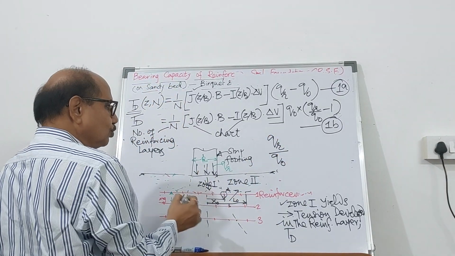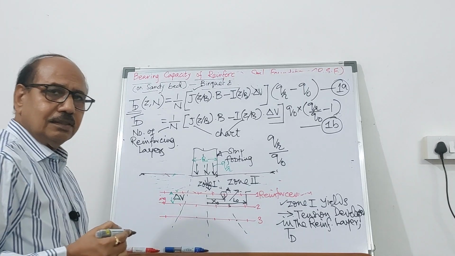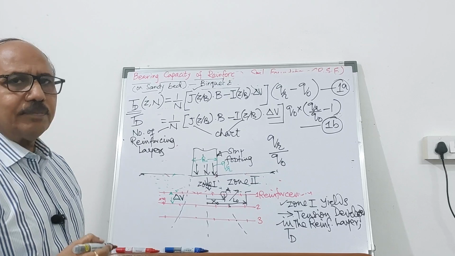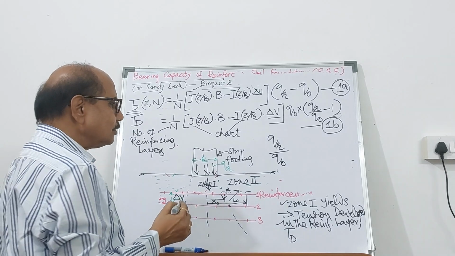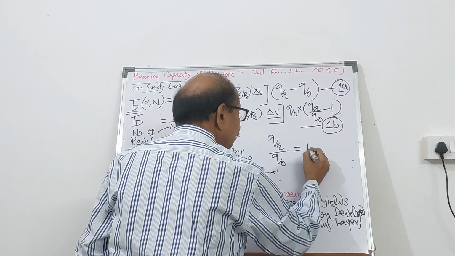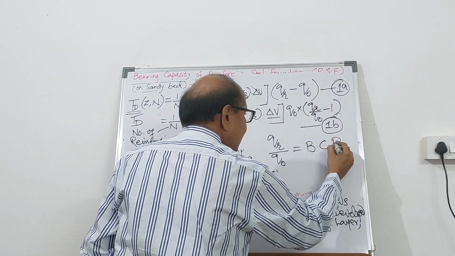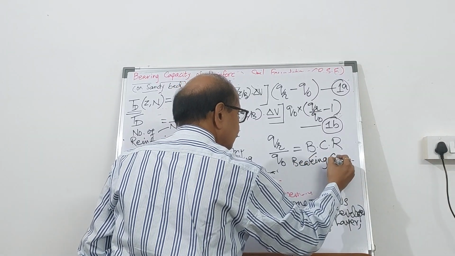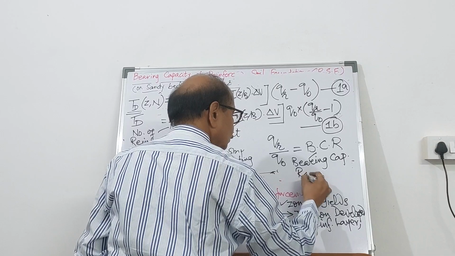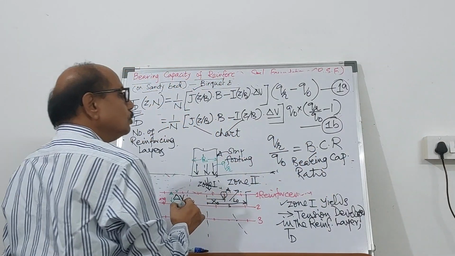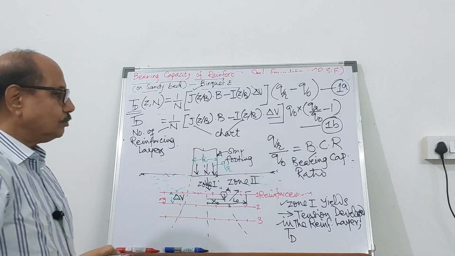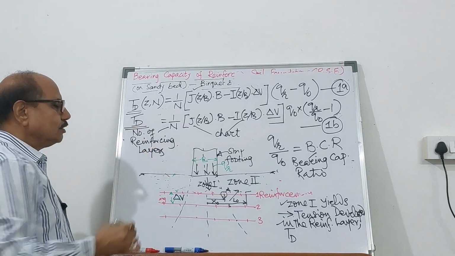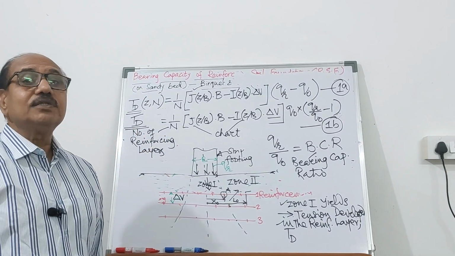It is the pressure in reinforced soil, which is much, much greater than the maximum intensity of loading or the bearing capacity in unreinforced soil. This is called bearing capacity ratio. We call it BCR, bearing capacity ratio. So you can have another form like this, and you can easily calculate, friends, the tension developed in the reinforcement.